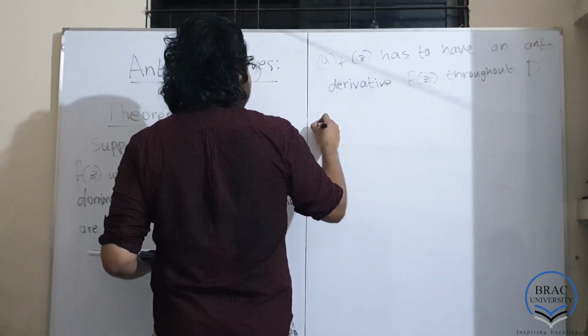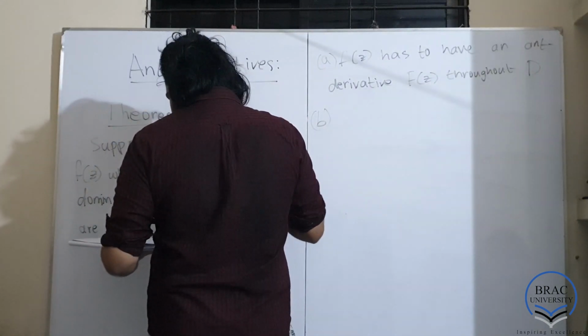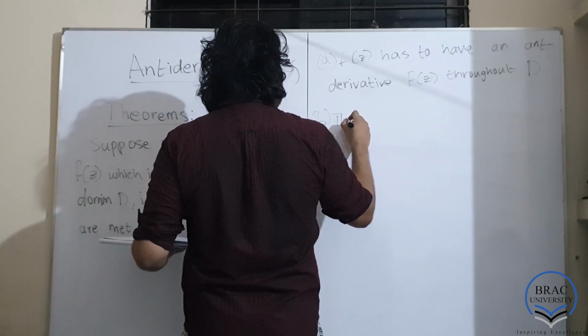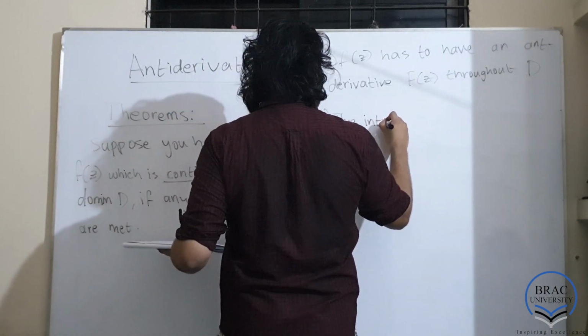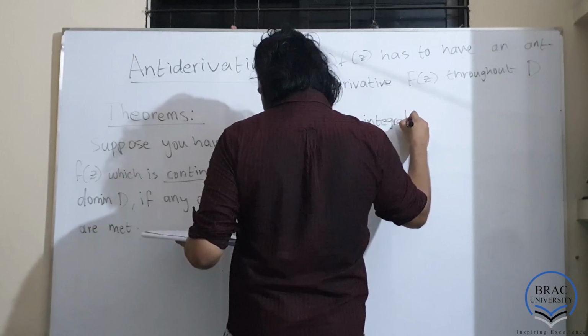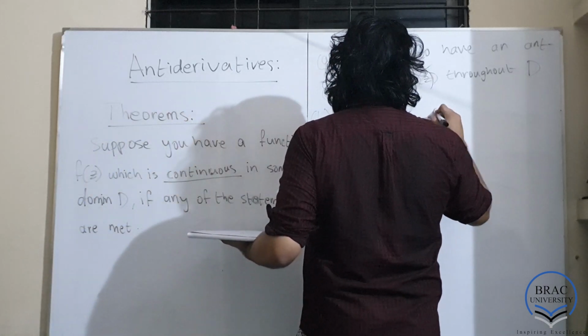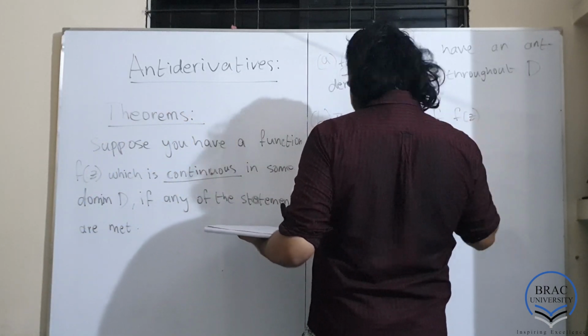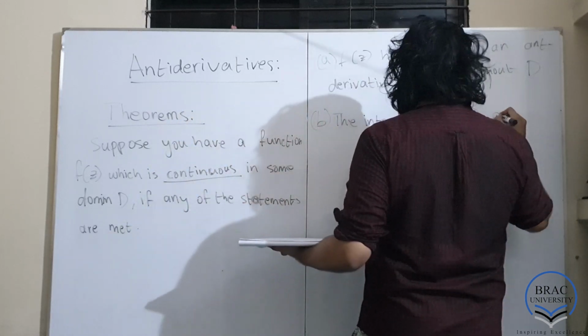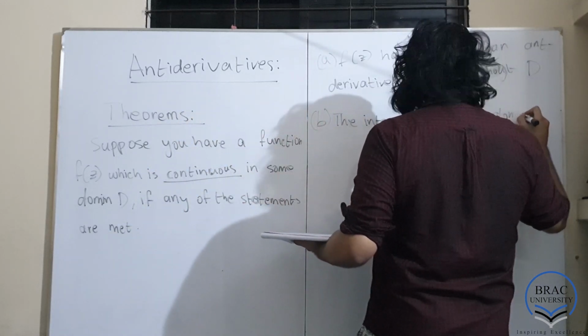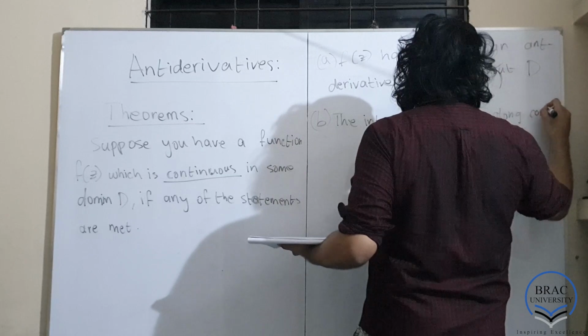The next part, B, is the fact that the integrals of f of z along contours.